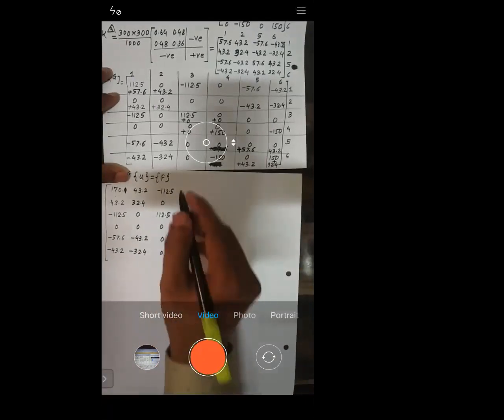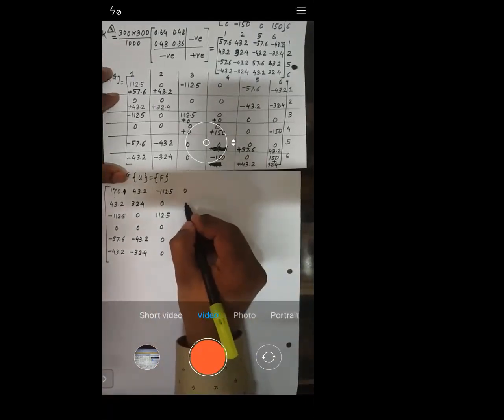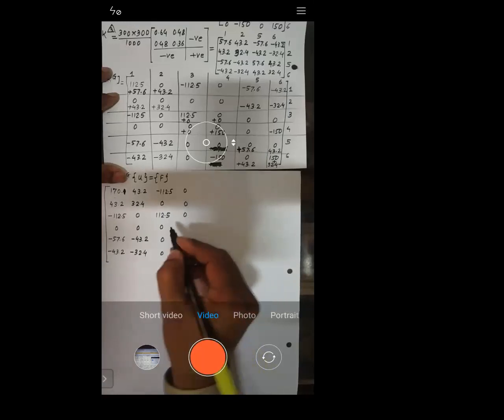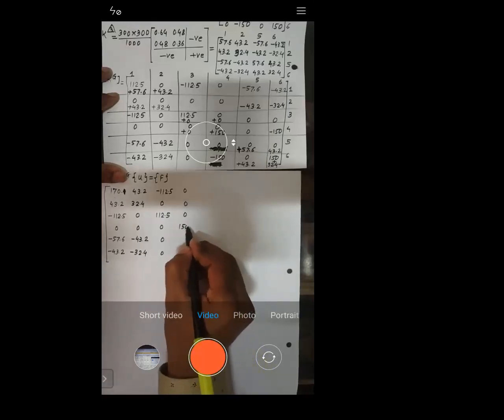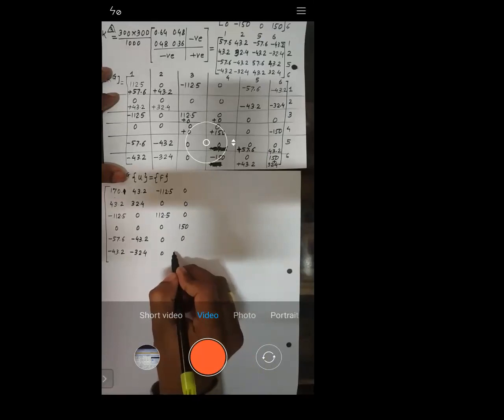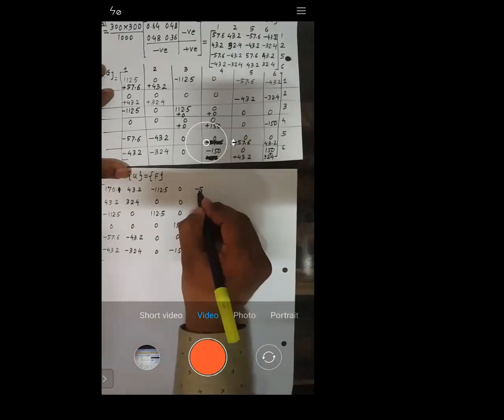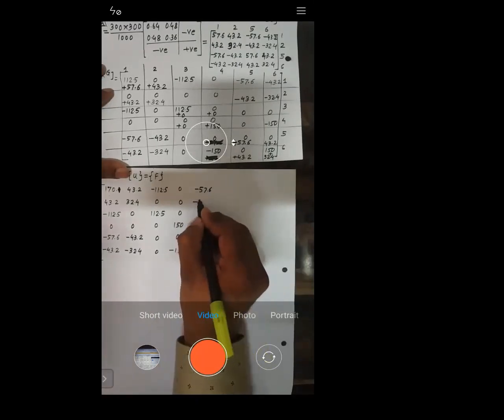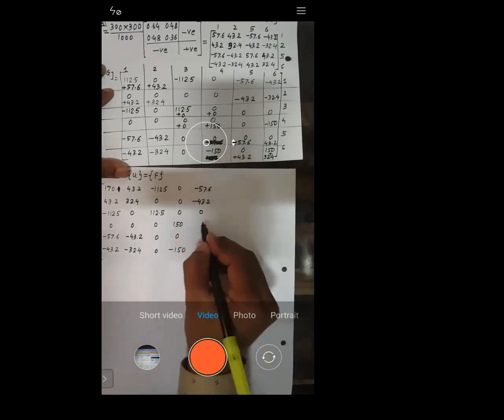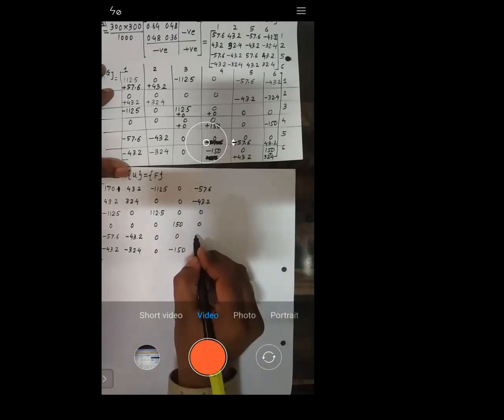Try to understand. Then 0. 0. Then 0. Here it is 150. Then 0. Then here it is minus 150. Right? Next. Minus 57.6. Minus 43.2. 0. 0. 57.6. 43.2.